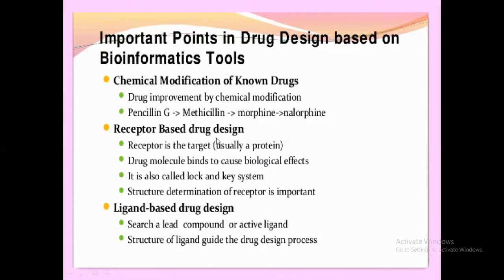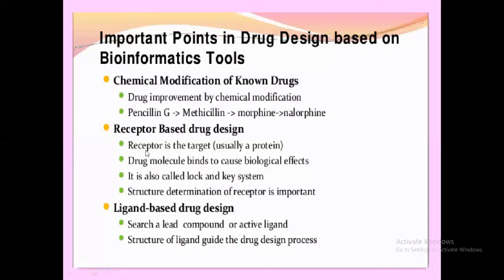Then receptor-based drug design. Two types of approaches are there in computer, that is bioinformatic tool-based drug designing. First one is a receptor-based drug design approach. Second one is a ligand-based drug design approach. So what is this receptor-based drug design?